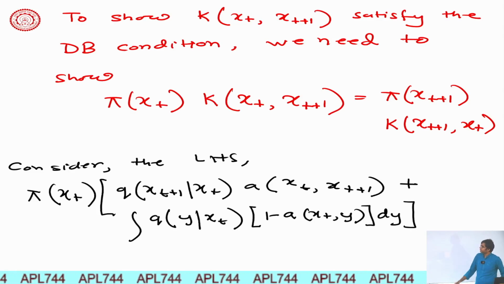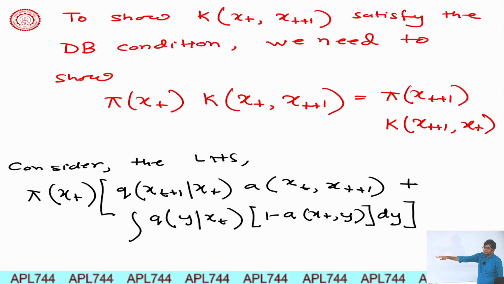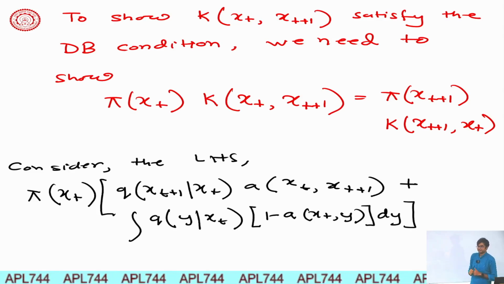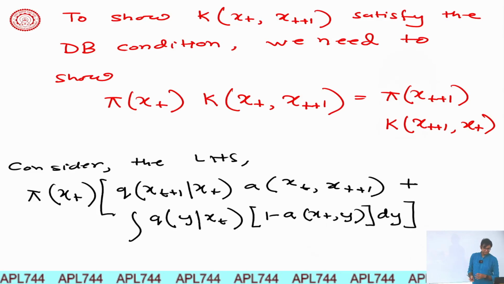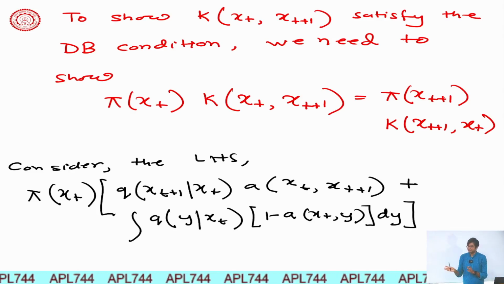I have just substituted k of xt comma xt plus 1, this expression at the bottom, into the left hand side of the expression. That's all I have done. So basically I have substituted, let me call it equation 1, into equation 2, if I give the naming, right?